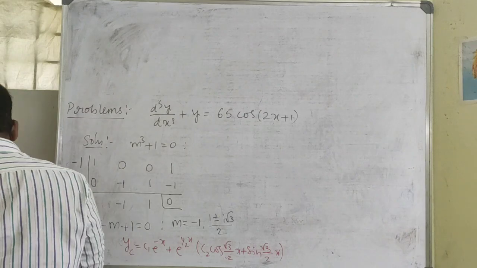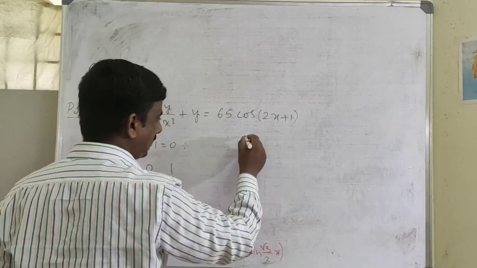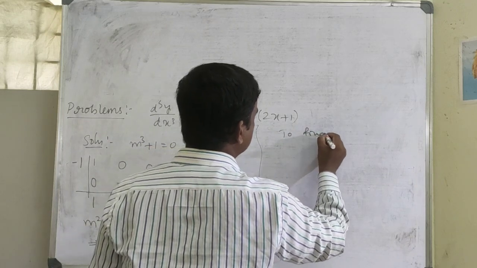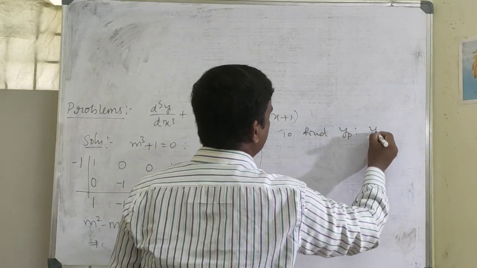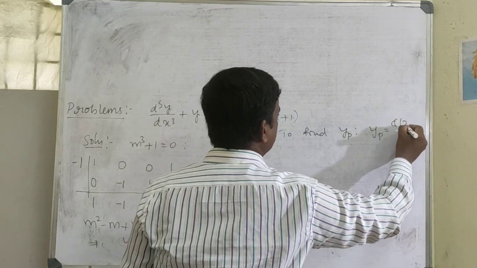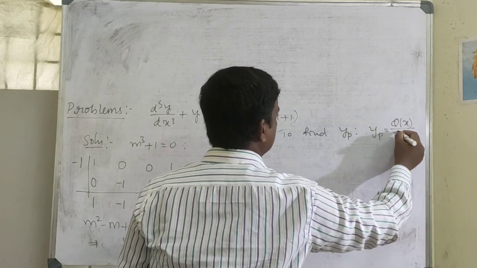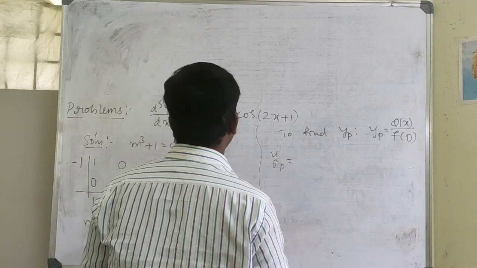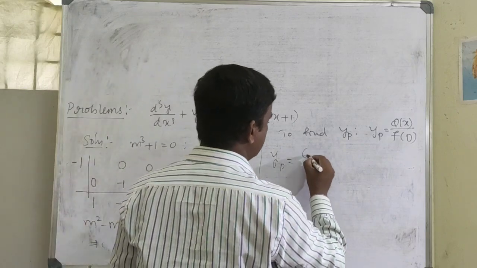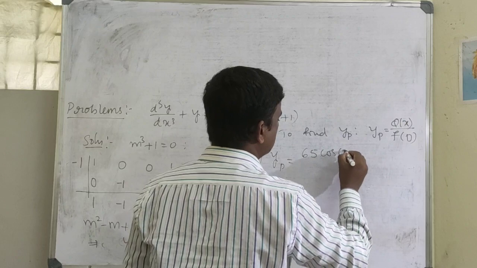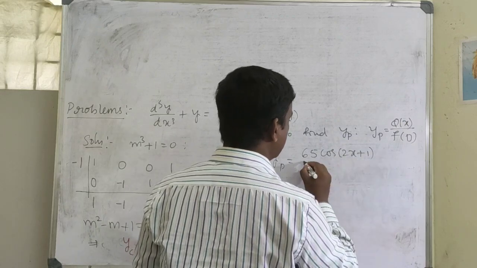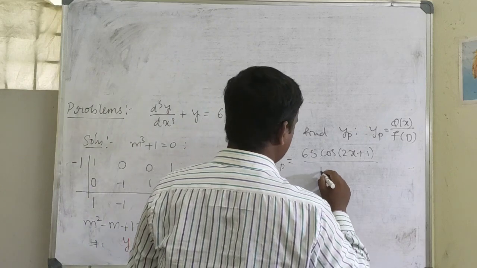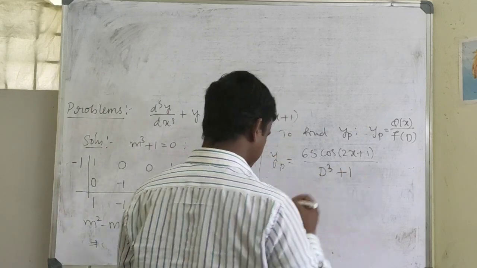Now to find yp, yp equal to phi of x divided by f of d. So what is phi of x? 65 cos of 2x plus 1 divided by f of d, d cube plus 1.